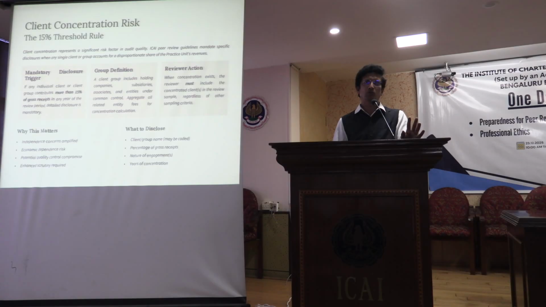Now take a scenario: you have a lot of small companies and non-corporates, and you have one big group audit you're doing. Now the entire attestation review will have to be focused on the group, because that is the biggest risk of your entire practice. Not that you should ignore the others, but your entire quality check, independence check, team composition, team involvement, partner's review, everything has to be demonstrated through the group.